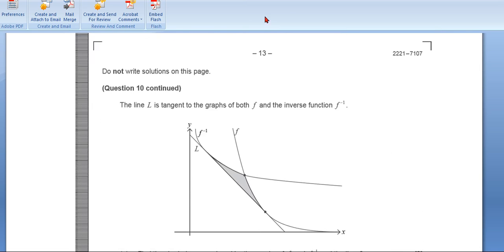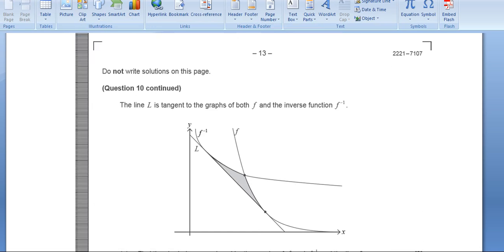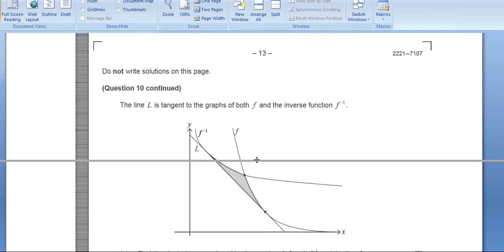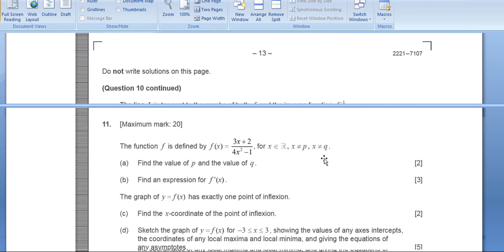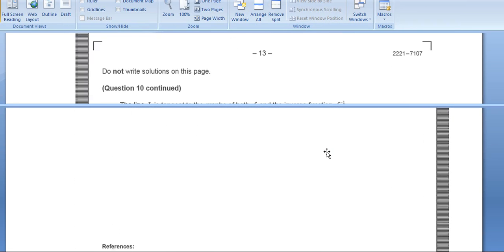So I need to go to my solutions. View, split, solutions.